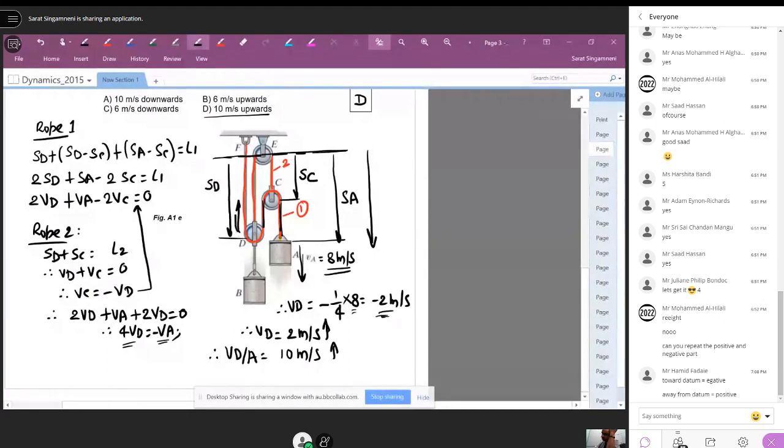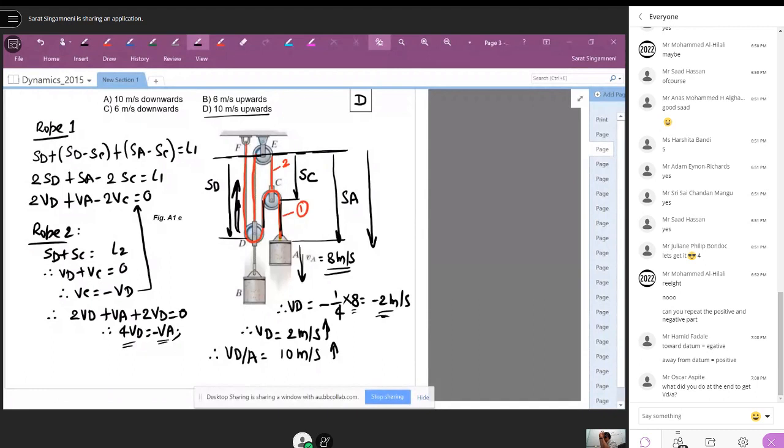What it means is VD is moving up. So A is moving down, D is moving up. If you are sitting on A and looking at D, D appears to be moving up with your velocity plus its velocity, which is 8 plus 2, 10 meter per second going up.